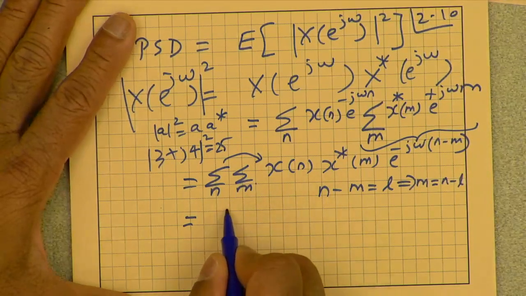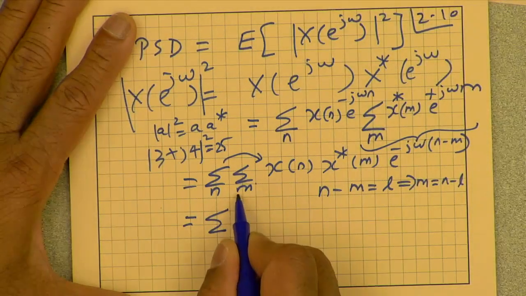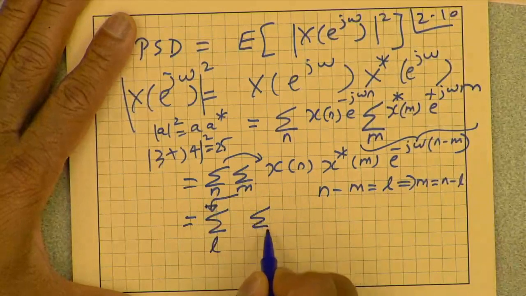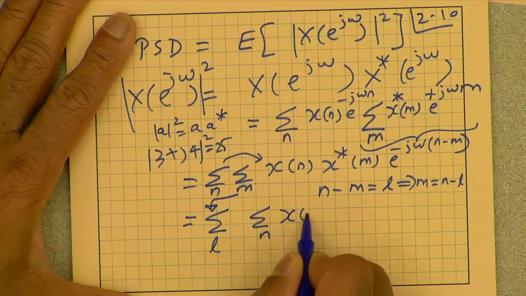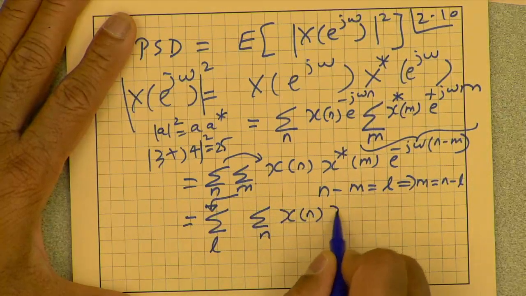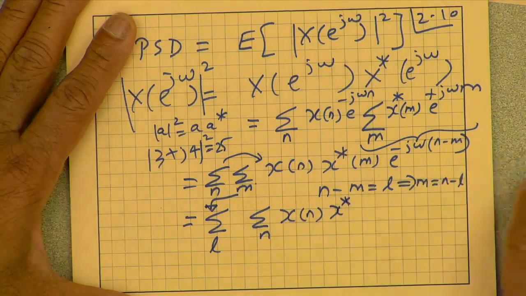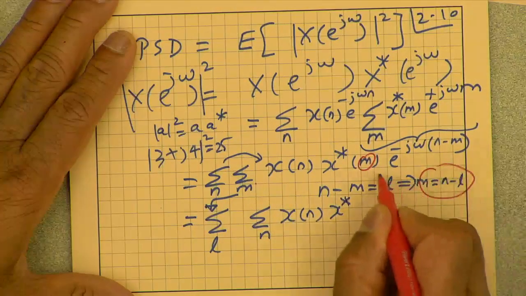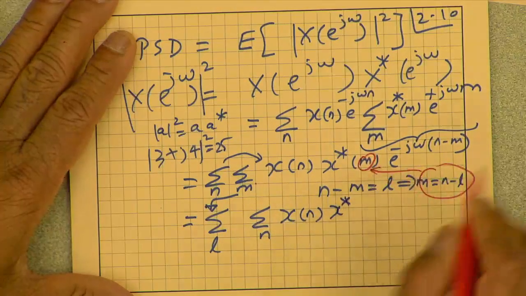Okay, so now instead of summing the outer sum over m, it is described in terms of L. The inner sum is over n of x[n] x conjugate[m], where m is n minus L. So substitute that here.